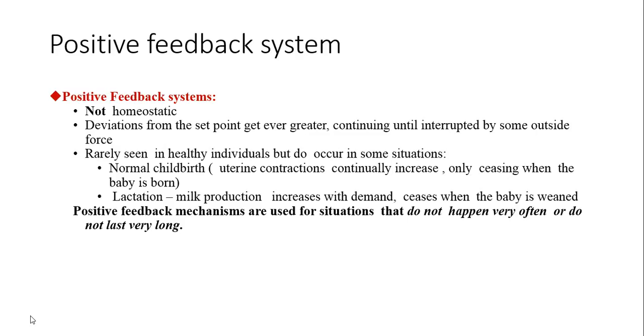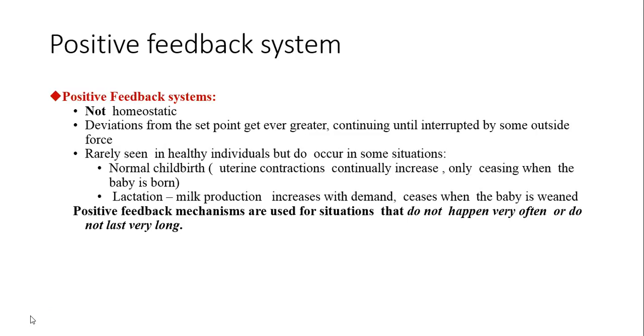Normal childbirth, where the uterine contractions are getting harder and harder, they're continually increasing. They only stop when the baby's born. That's the event, the outside force, that will stop uterine contractions. Lactation, which is milk production, milk increases with demand, and you produce more and more milk until the baby is weaned.